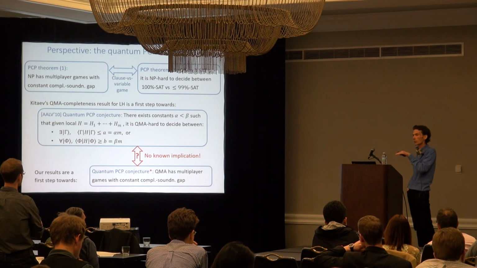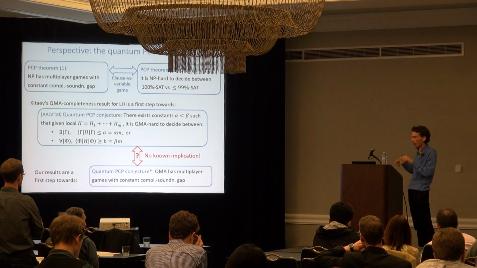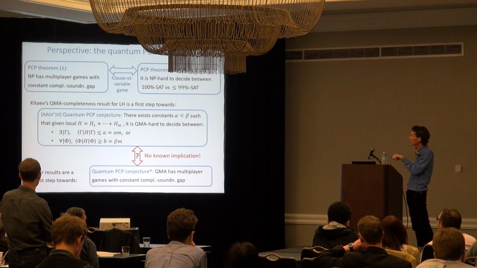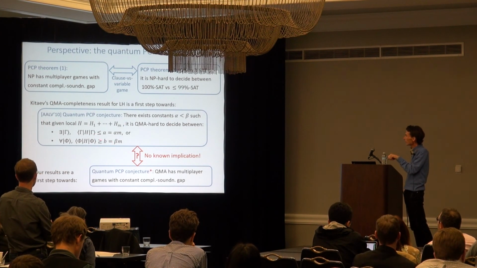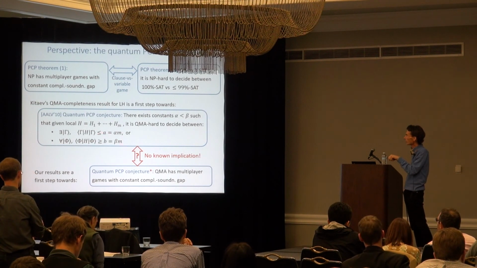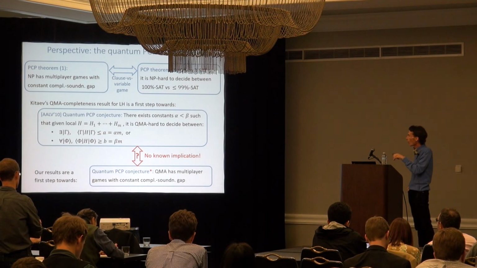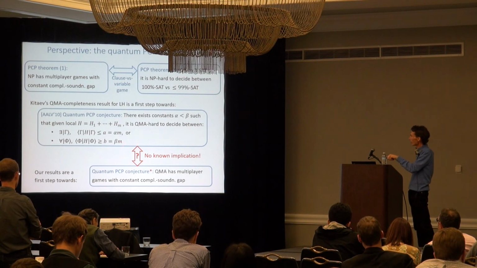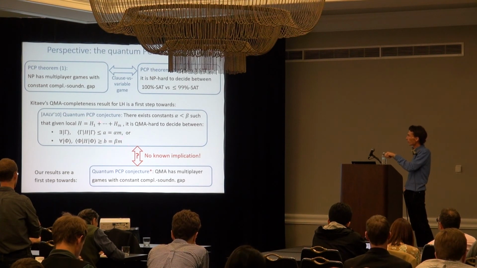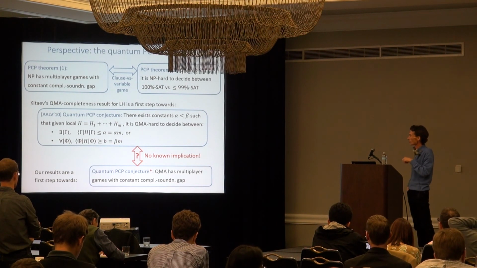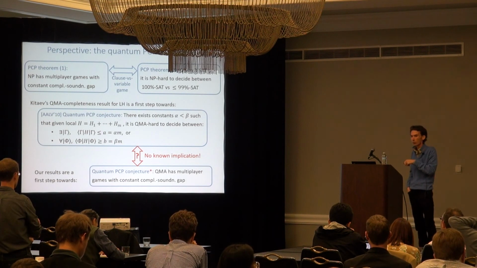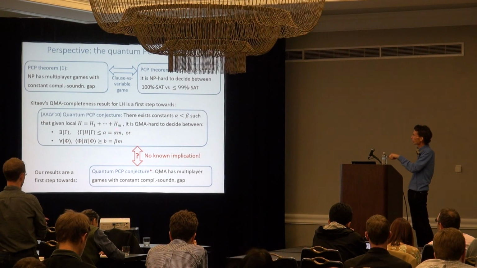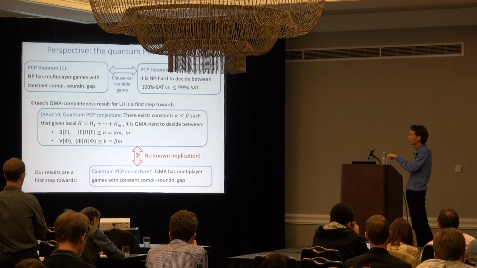So you're trying to distinguish between ground state energies that are an inverse polynomial far apart, but you're trying to say it's actually still hard to decide even when I have the promise that the ground state energy is either 0 or not slightly above 0, but a constant times the norm m here, think of m as the norm of the Hamiltonian, so a constant times the norm of that Hamiltonian above 0. So this is a pretty strong promise, right? Either 0 or a constant fraction of the norm. But the quantum PCP conjecture postulates that maybe this problem is still hard.